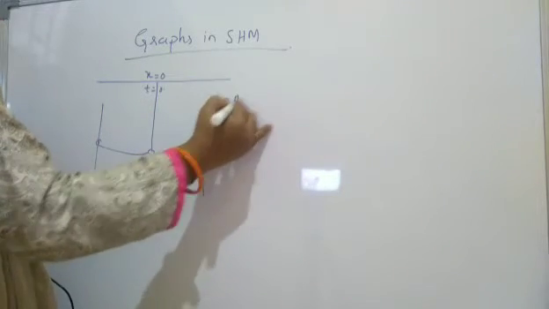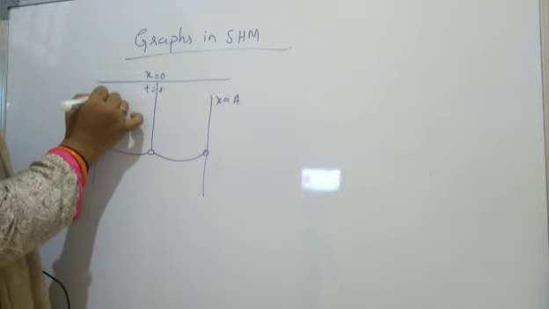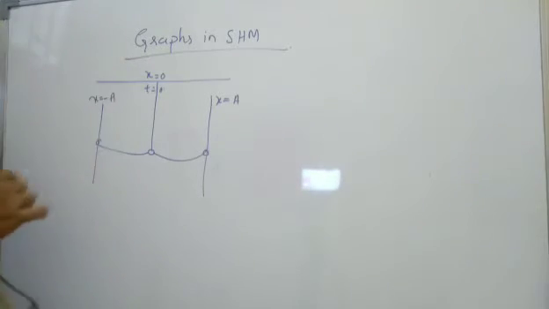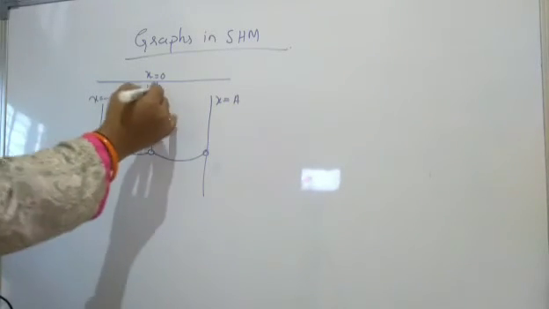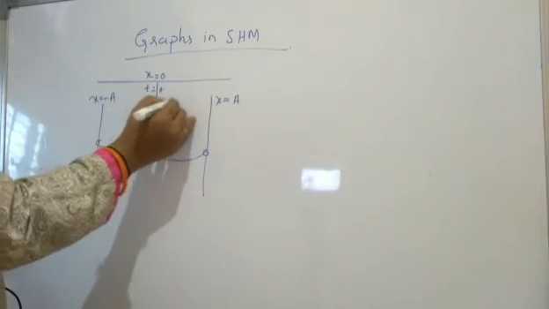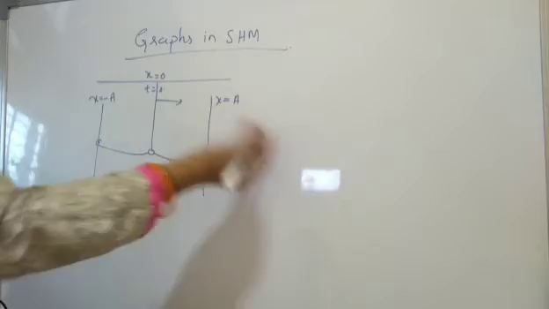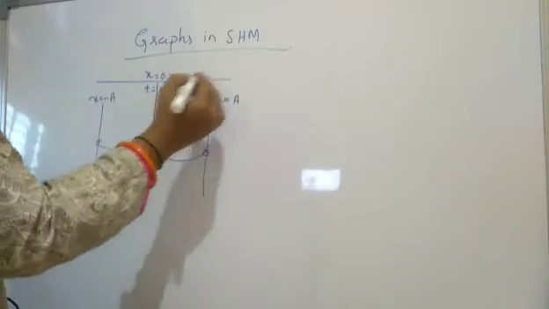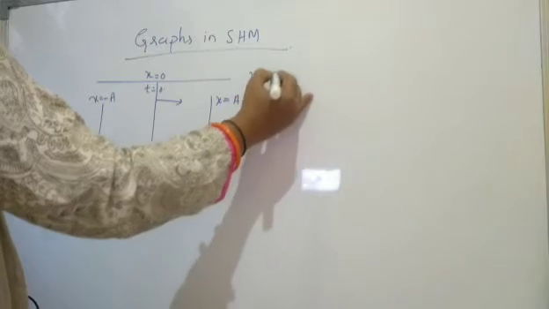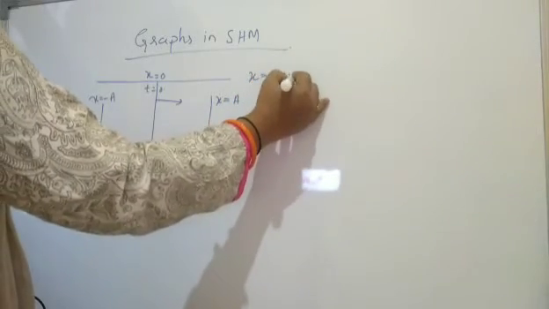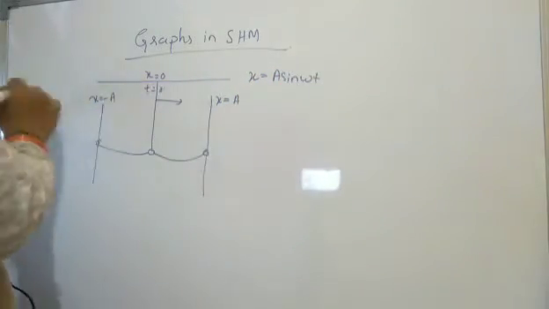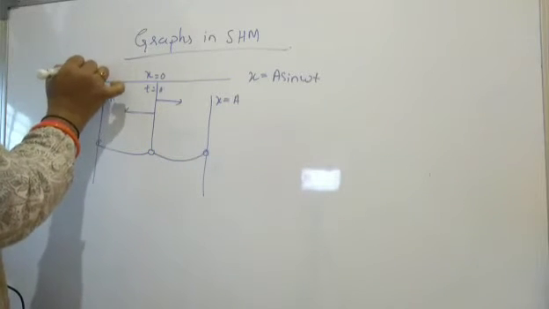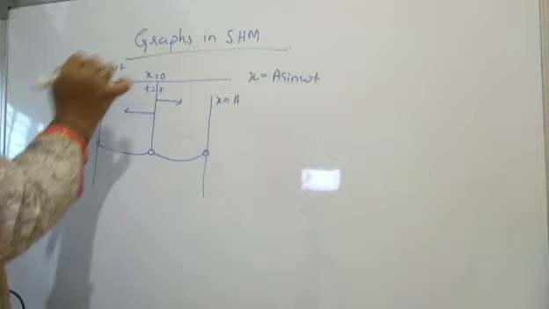So this is the positive extreme, this is the negative extreme, minus A, right? When the body is moving from the mean position to the extreme position, either positive or negative, we have the equation x is equal to A sine omega t. If it is moving in the negative direction, we have x is equal to minus A sine omega t.